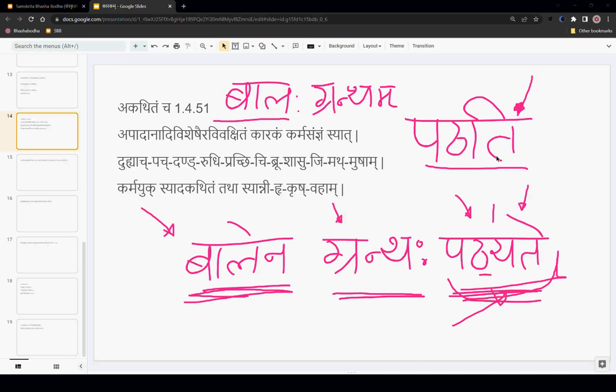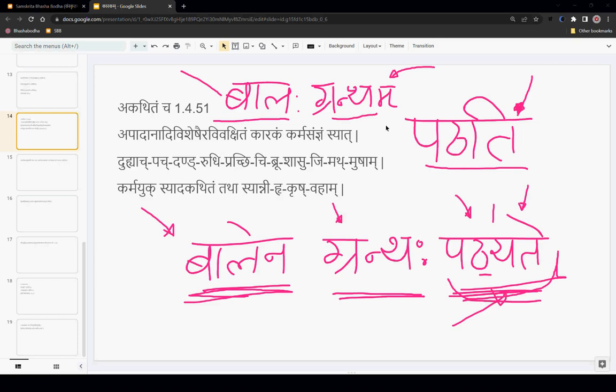Kartrutvam is already expressed by some other word in the sentence. So then we put the pratipadikārthalinga matra, bringing the prathama vibhakti on this. Now karma is not indicated by any other word in this sentence. So we use the dvitiya vibhakti here.